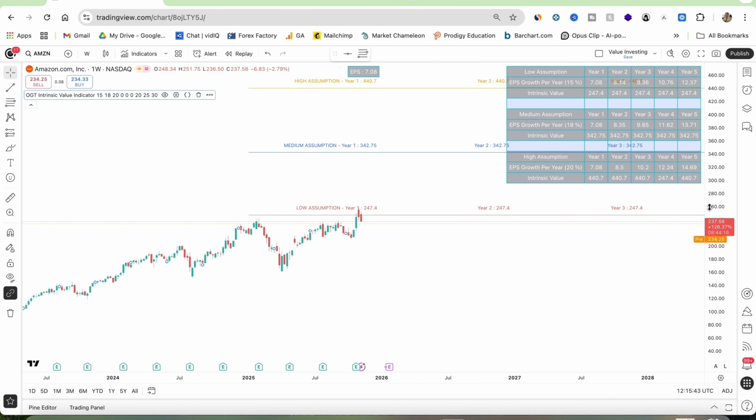You can see here that the intrinsic value, even on your low assumption, is $247.40, so it's actually above your low assumption. Assuming that the rate of return is non-existent here, the pure intrinsic value price with no margin of safety, you should be buying Amazon at 237 or anything below, because the intrinsic value is 247.40.